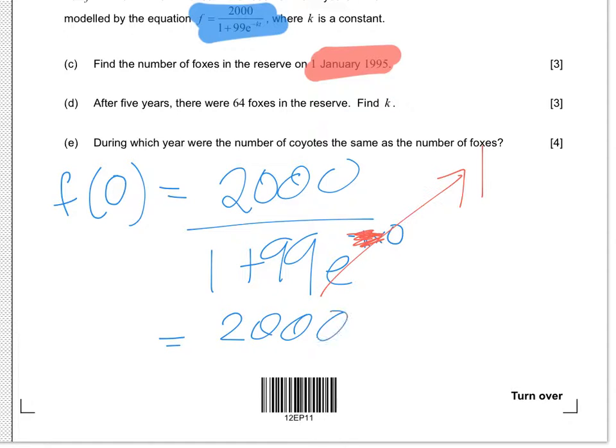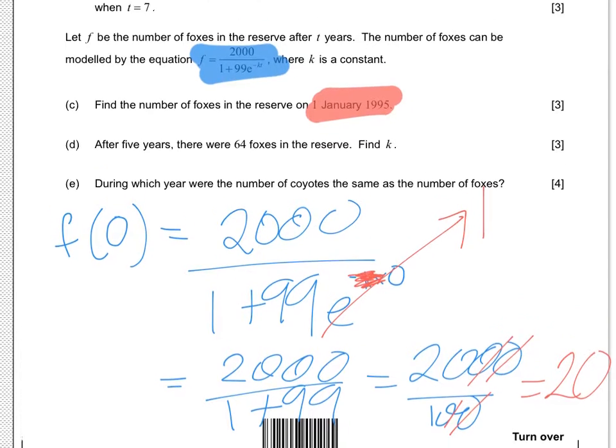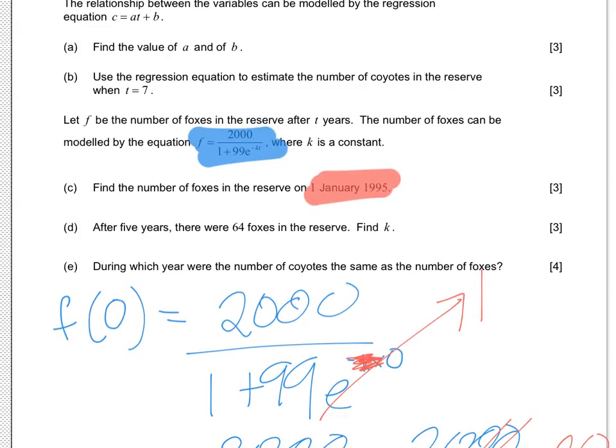I mean, you could type this into your calculator, but it's fairly trivial to work out without: 2000 over 100, or 20. So, according to this model, there were 20 foxes in the reserve in January 1995.